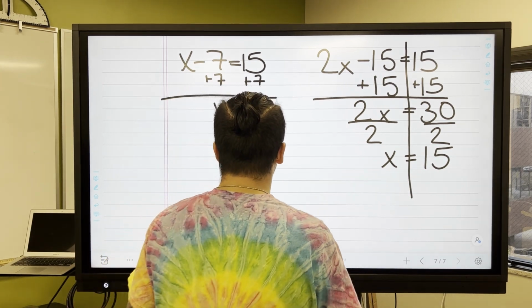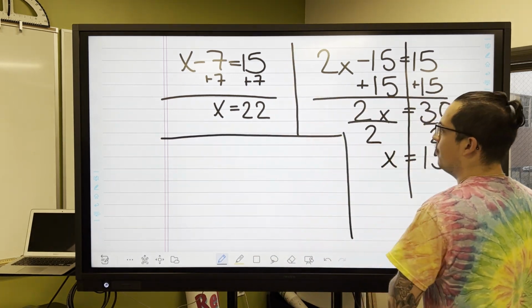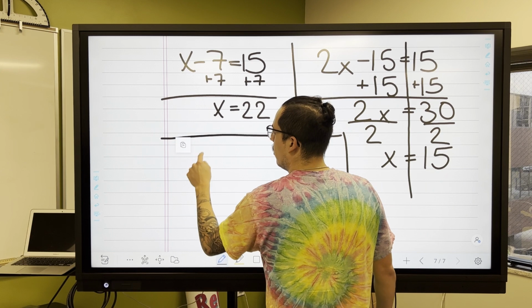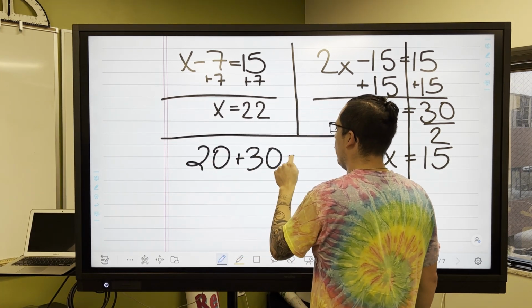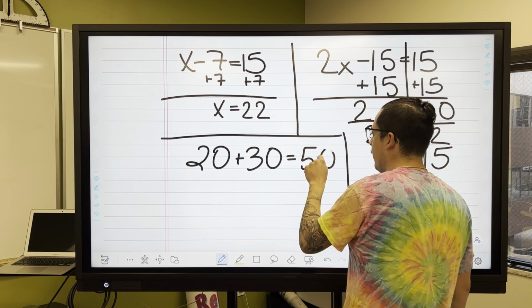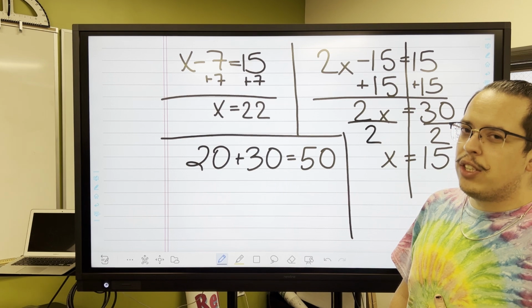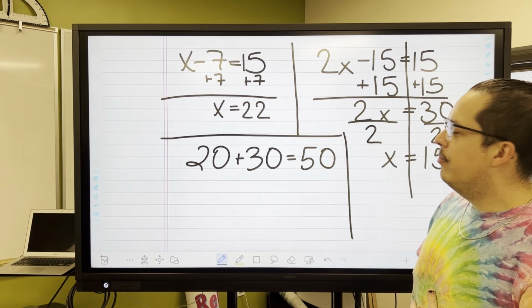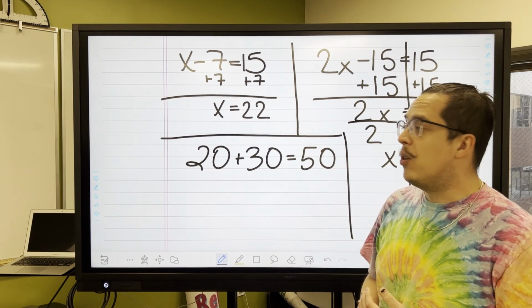And let's look at one more equation. 20 plus 30 equals 50. Do we have to solve this equation? No, because we're not looking for values that make the equation true.